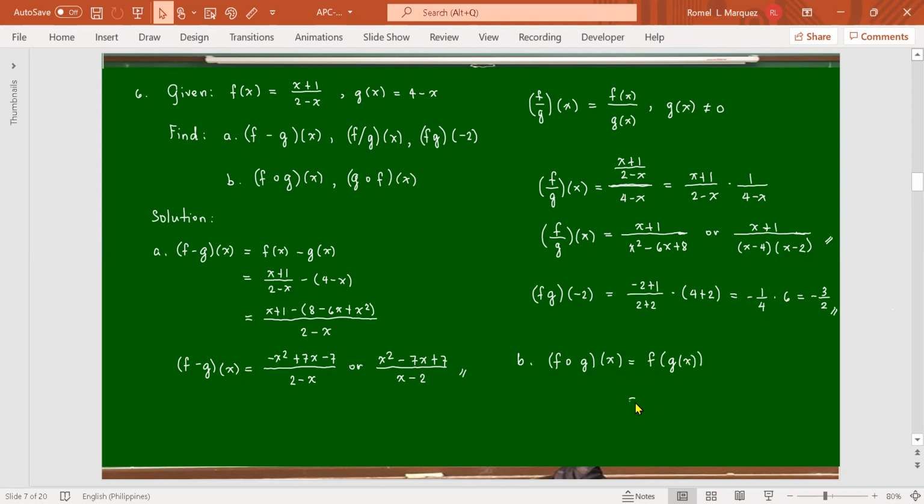So meaning we are going to insert the value of G of X to the X of F, na? So I get now 4 minus X, so that is for X here, plus 1 all over 2 minus, so what is my X? 4 minus X. Okay? What is this equal to?